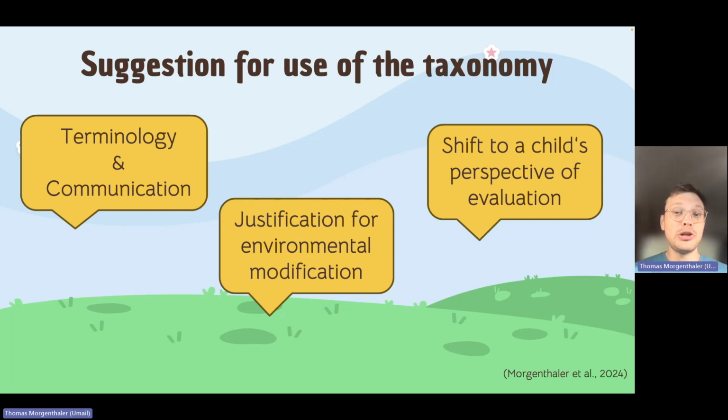In playground research, in practice, you will work together with landscape architects, school playground management staff, and municipality people who are responsible for upkeep, and the taxonomy can serve as a shared communication tool between those professions. The taxonomy also gives us a shift from an adult-centered perspective to a child-centered perspective.